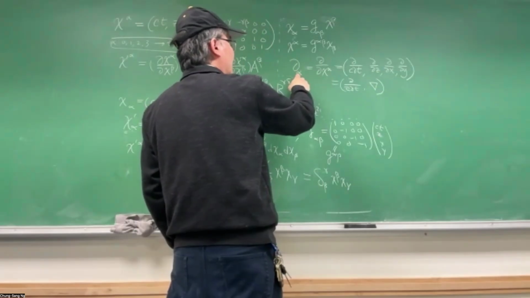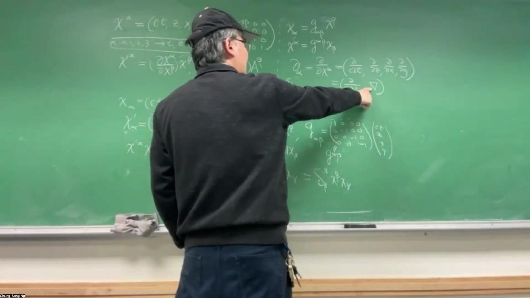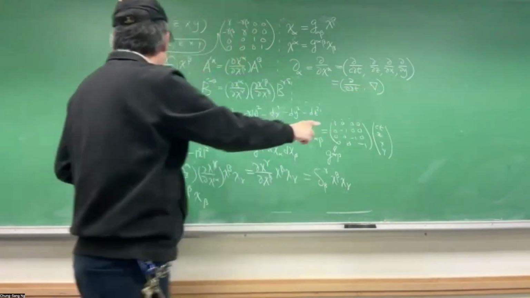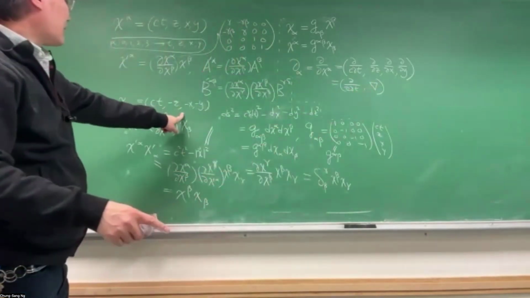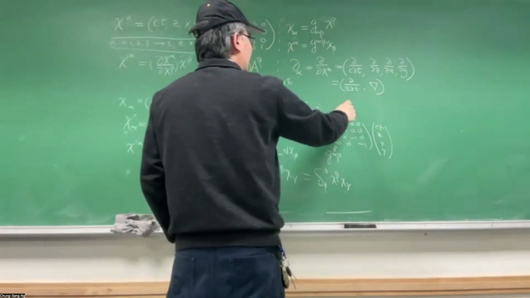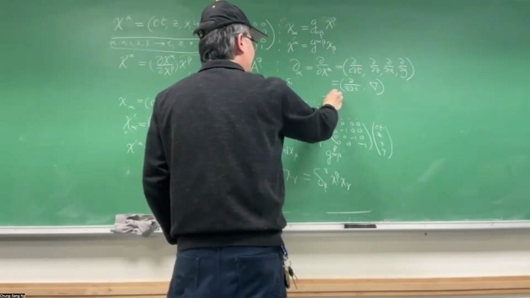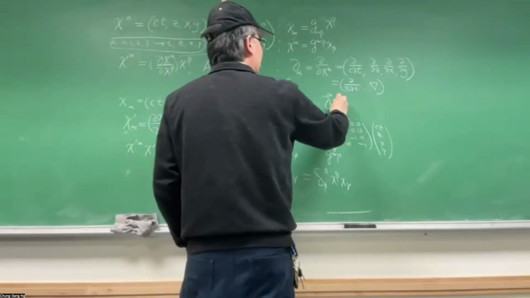But this is in the subscript, and you need to pay attention that actually this has a positive sign, unlike this one. This one has a negative sign in the spatial part. This one has a positive sign. And likewise, you can define the contravariant gradient four vector.